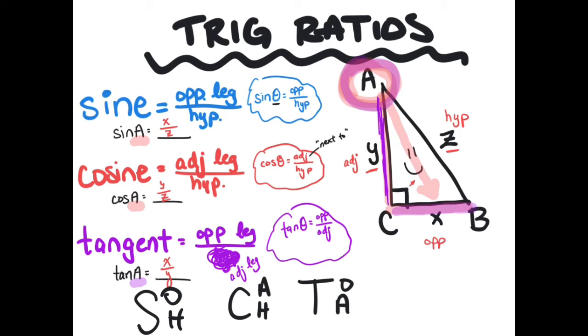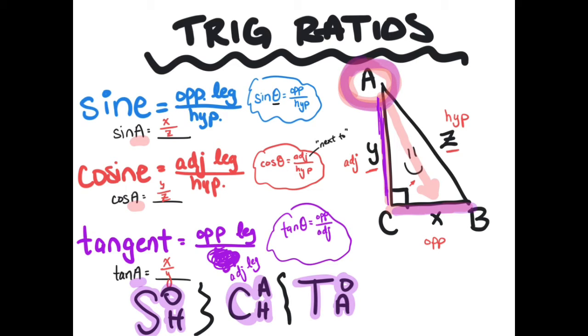That helps us remember that sine is the opposite over the hypotenuse, that cosine is the adjacent over the hypotenuse, and that tangent is the opposite over the adjacent. SOHCAHTOA. Plus, it's really fun to say.